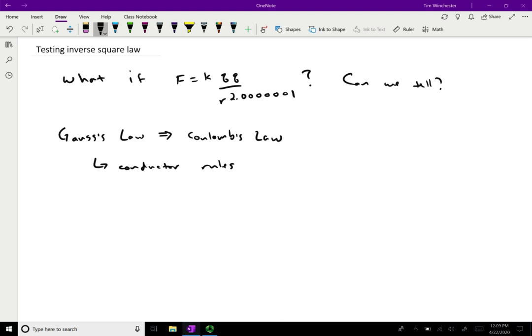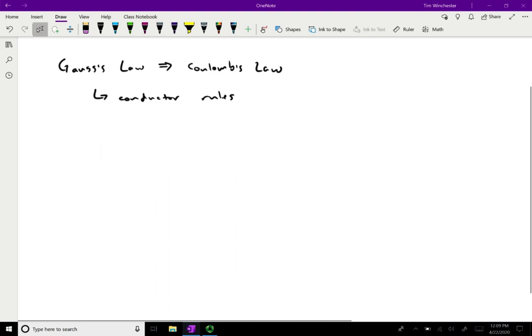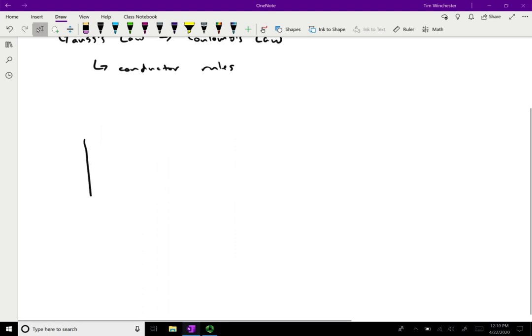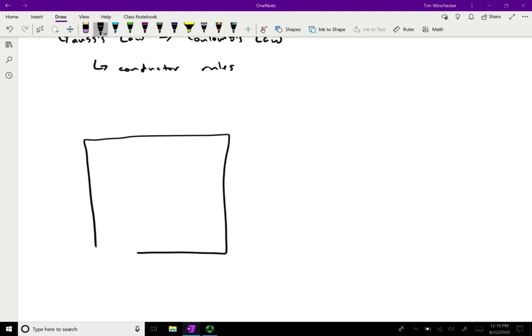Okay, so the experiment that we can do to check whether these laws are true or not is the following. First we can take a conductor like so and hollow out a cavity inside it, and we can have a protrusion inside like this.